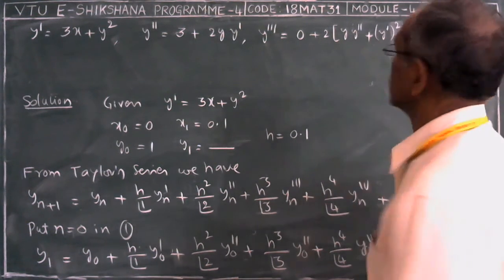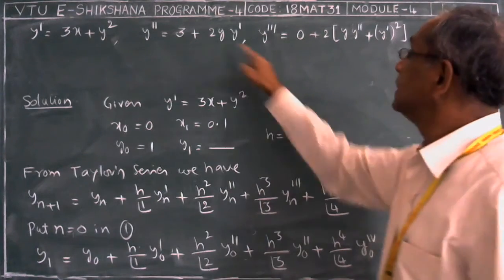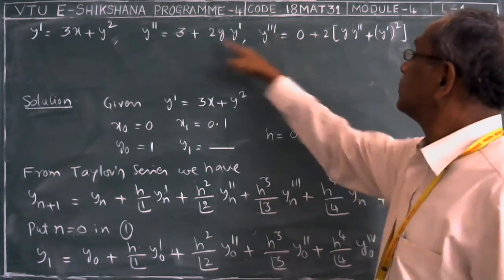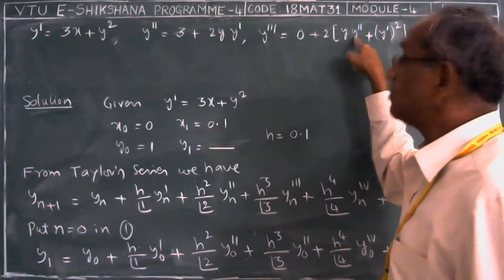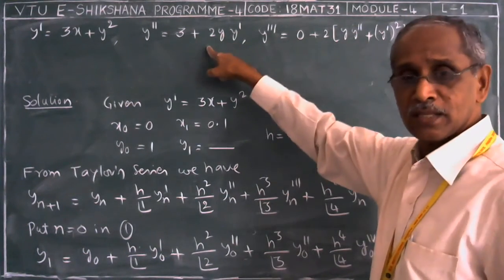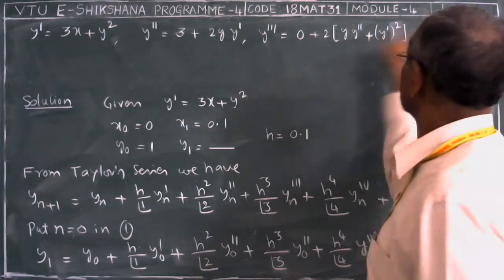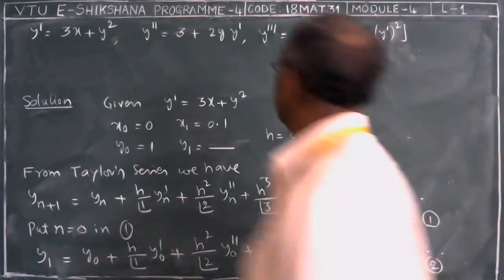So close the bracket. Is that clear to all of you? 0 plus 2 into y, differentiation of y dash is y double dash, plus y dash into differentiation of y, which is another y dash, so y dash into y dash, y dash square.